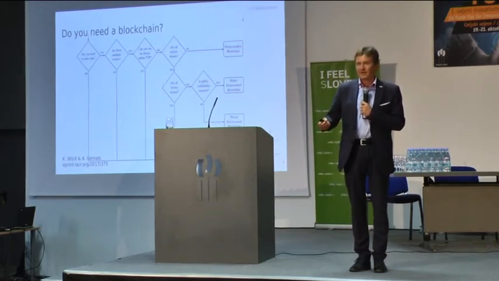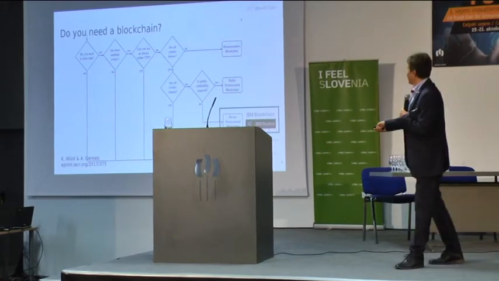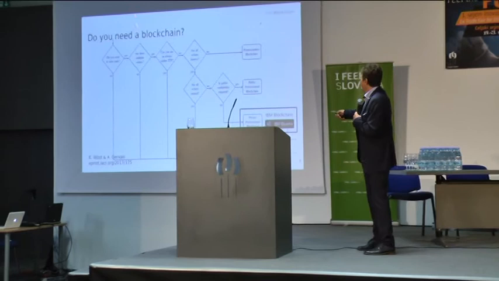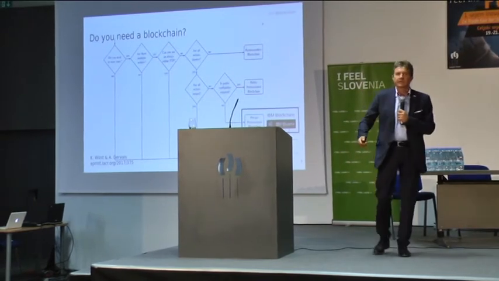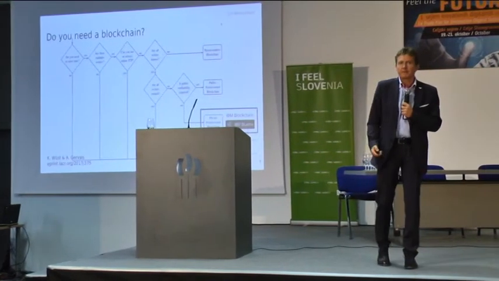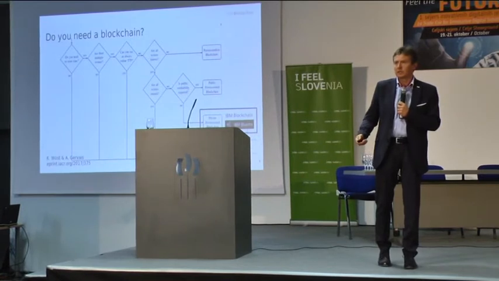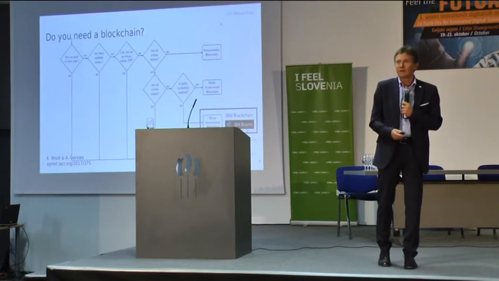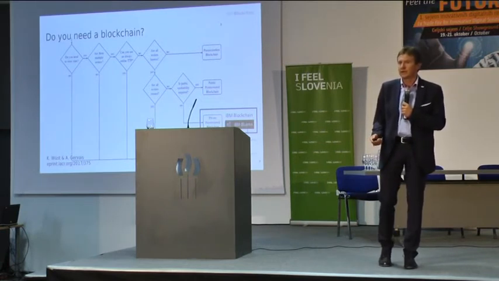Especially, do you need to store state? Are there multiple writers? Can you use an online transaction processing application? If yes, then a normal ERP is good enough for businesses. Why should you move everything to blockchain?